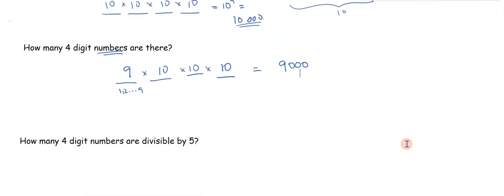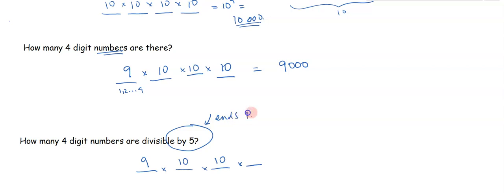How many 4-digit numbers are divisible by 5? Well, it's the same type of question, but we have to tweak it a bit. Again, you only have 9 options for the first, 1 through 9. The middle 2 digits can be anything, 0 all the way through 9. But since it's divisible by 5, we know it ends in a 0 or a 5. There's only 2 options for that last digit, right?